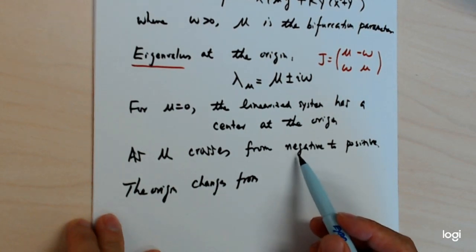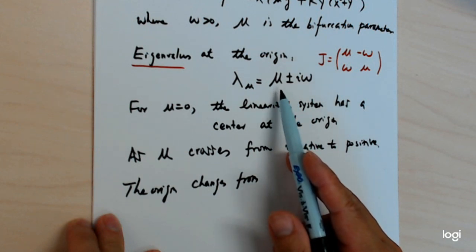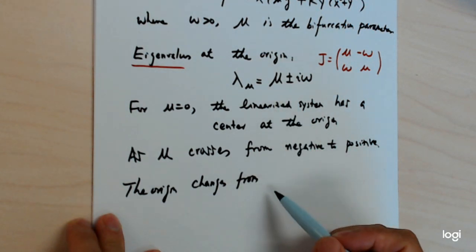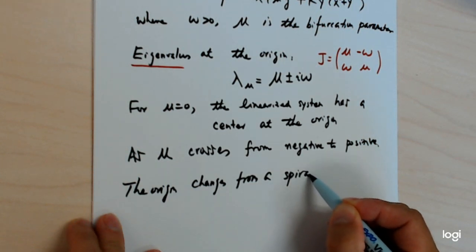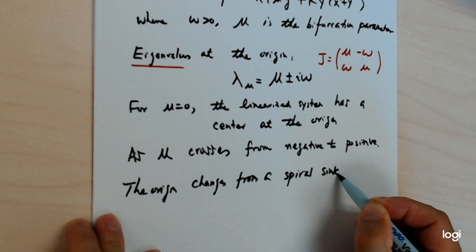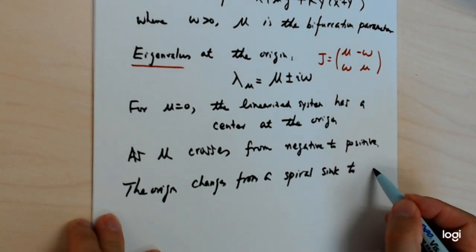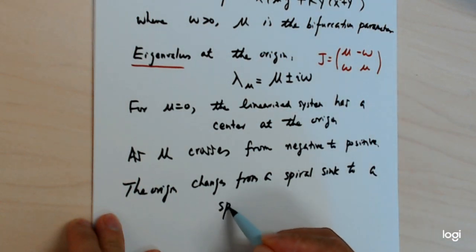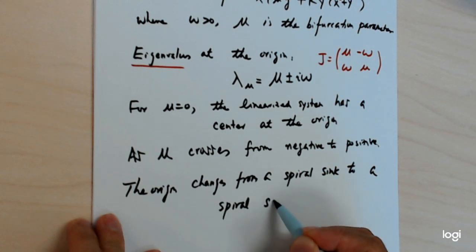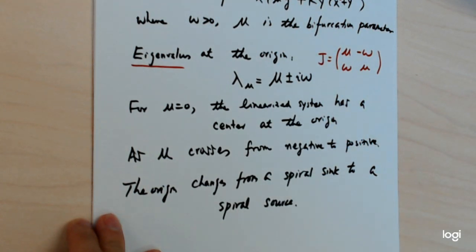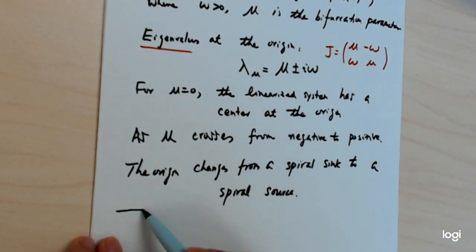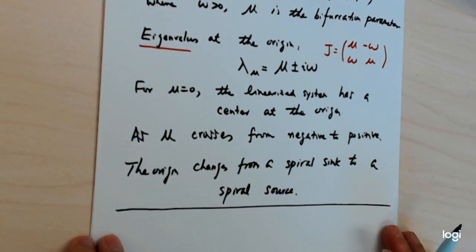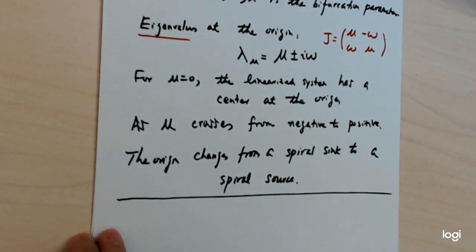If mu is negative, we have a negative real part of the eigenvalue, and the origin will be stable, a spiral sink. It will change to a spiral source. So that's a preliminary analysis.